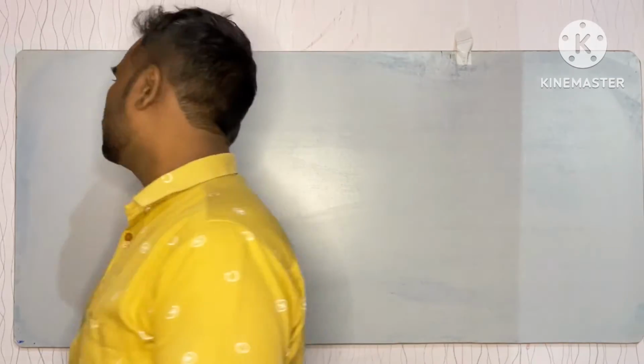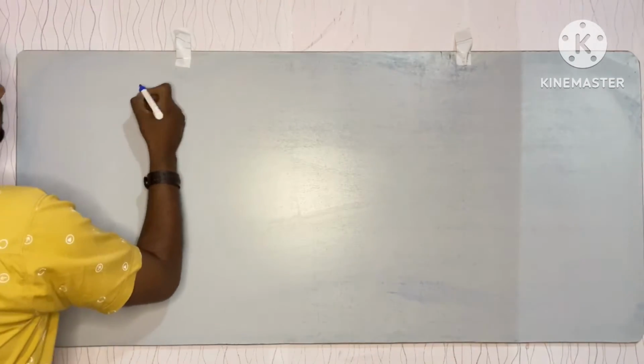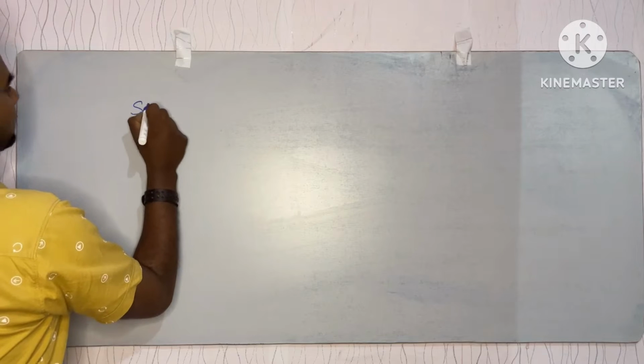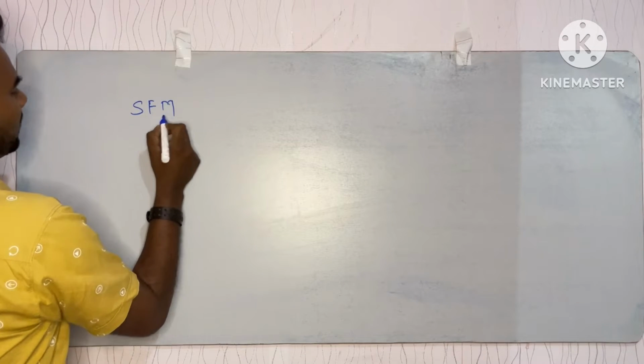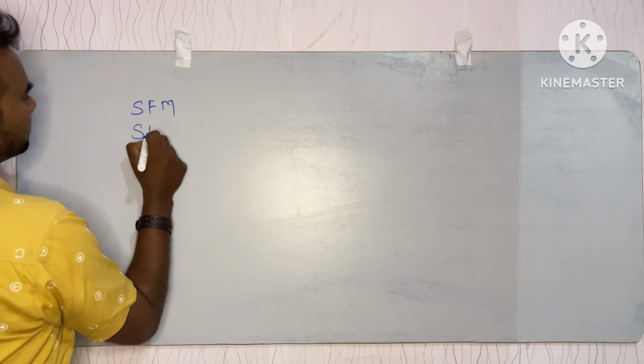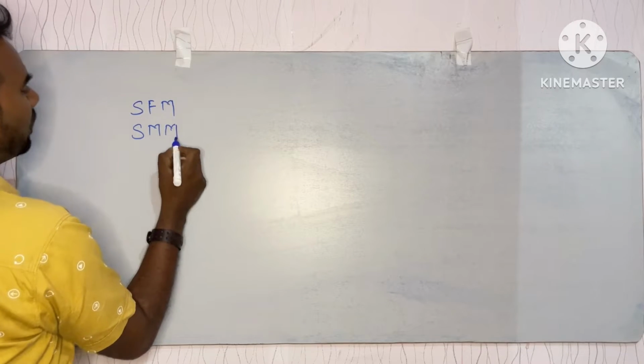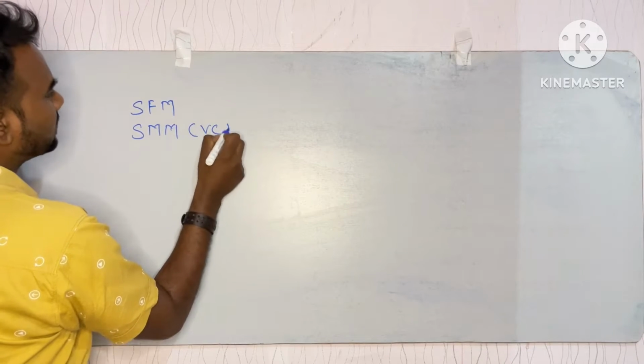So there are two types of surface cutting speed. The first one is SFM, and the second one is SMM, or simply we can call it VC.